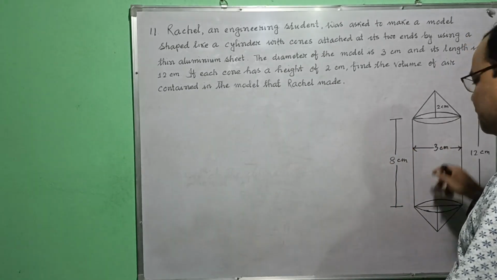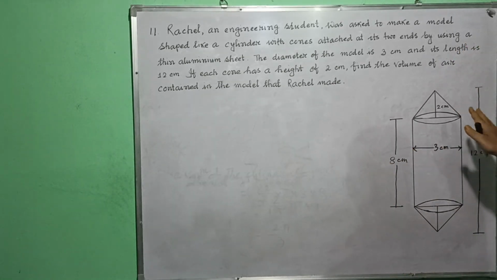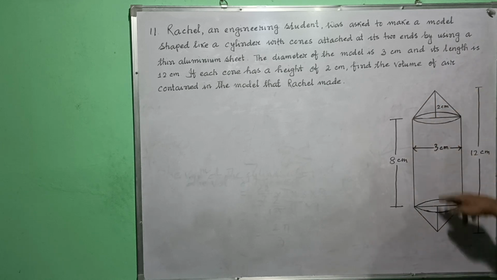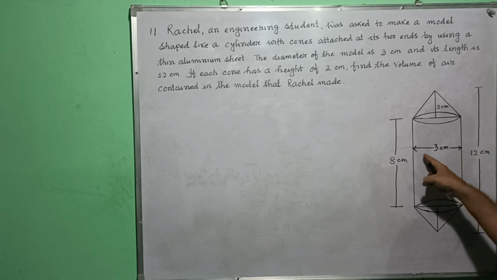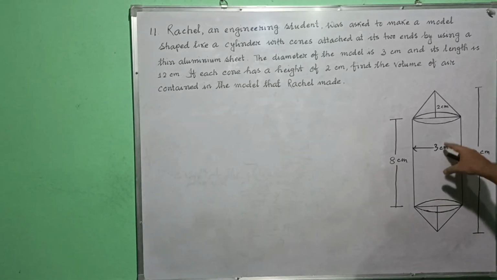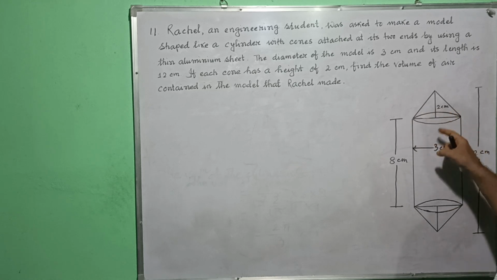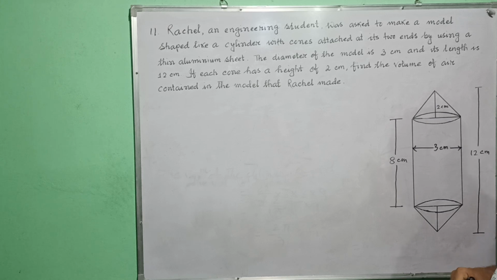According to the question, I have drawn the figure already. So you can see here, this is the model and total height of the model is 12 cm and the diameter is given 3 cm and the two cones are having the height 2 cm and radius equal to the radius of the model.